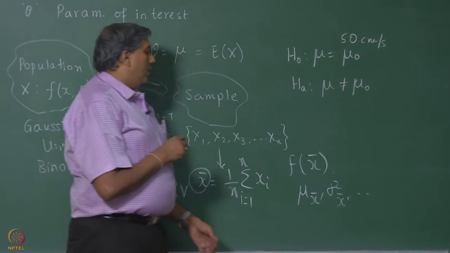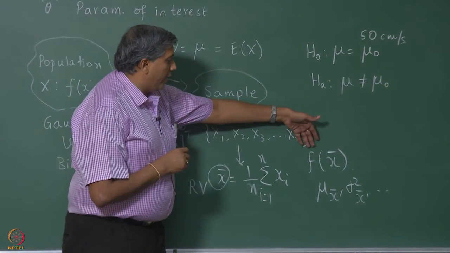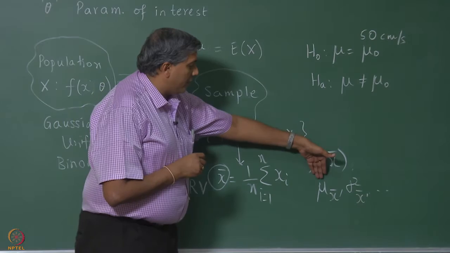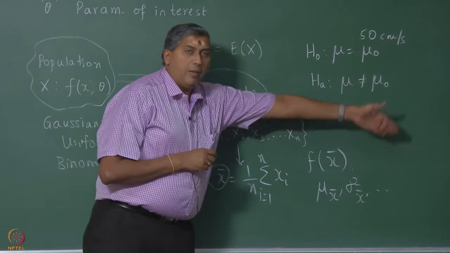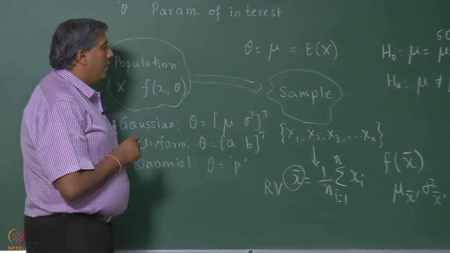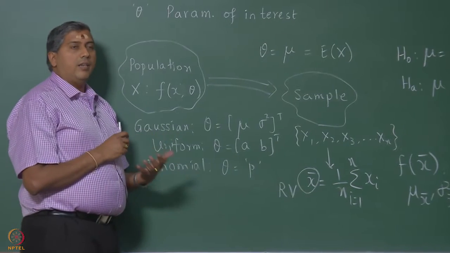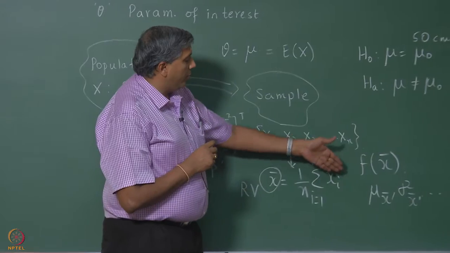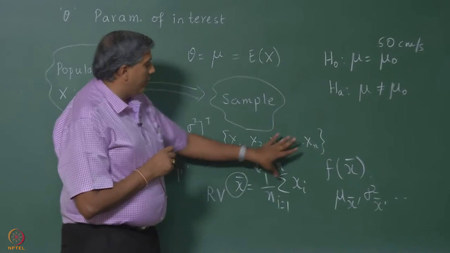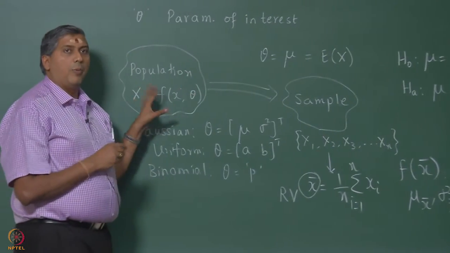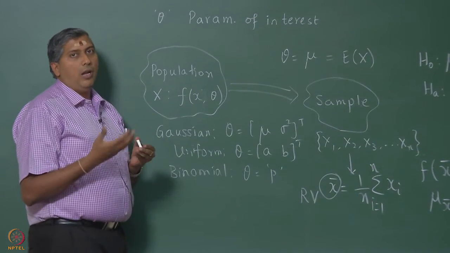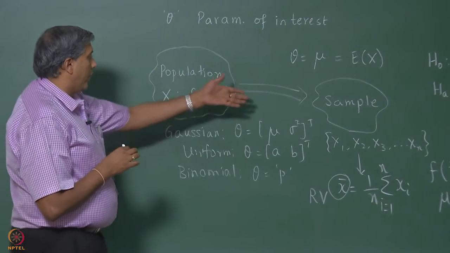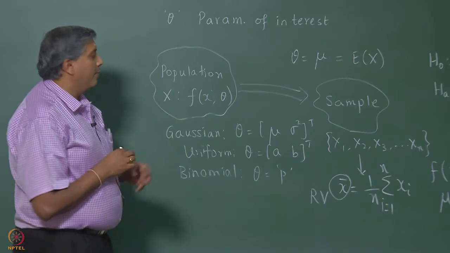Like any other random variable, it has its own PDF, its own mean, its own variance and maybe other moments. What statistical analysis will tell us is, given some information about where these x's came from, that is, some idea of the population, not necessarily fully obviously. If I know fully, then I do not have to sample, I know everything about the population.